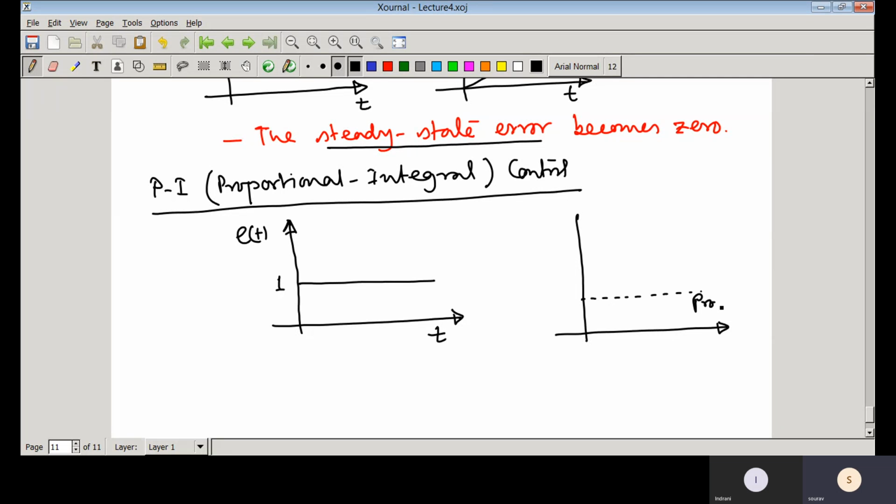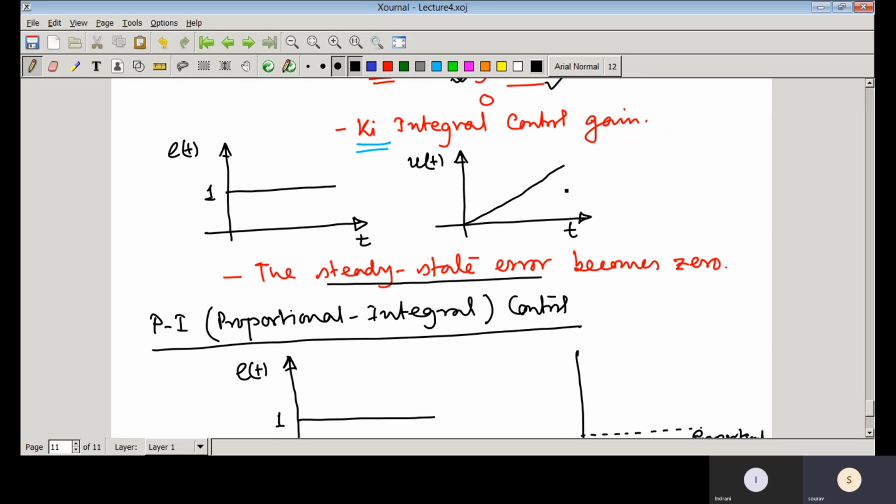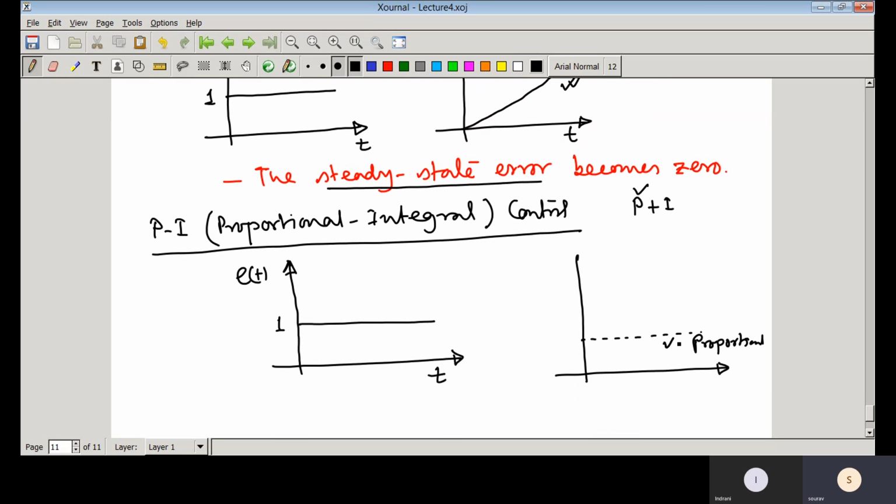So this is actually proportional, and integral part you have seen, integral controller would give this output. So whenever you use PI control, that means P plus I, proportional will be giving this output, and integral will be giving another output like this. So now as it is P plus I, the effective output is this one. So this is actually PI output.